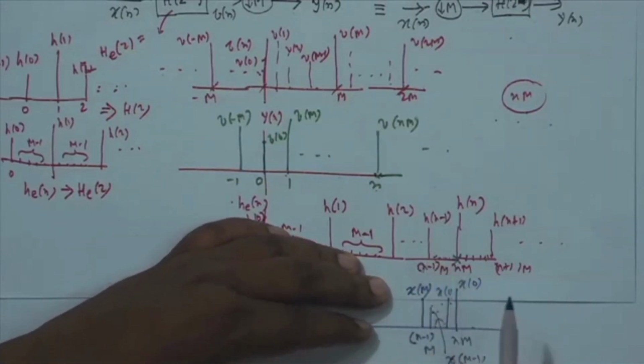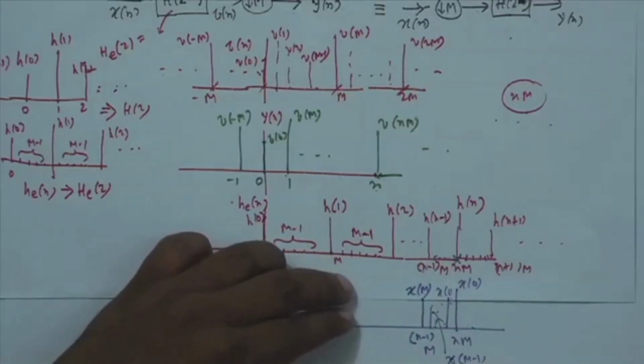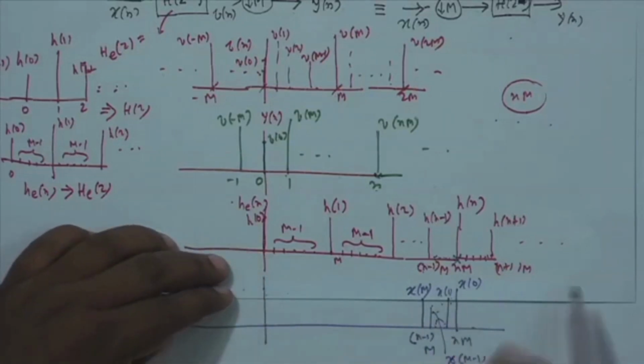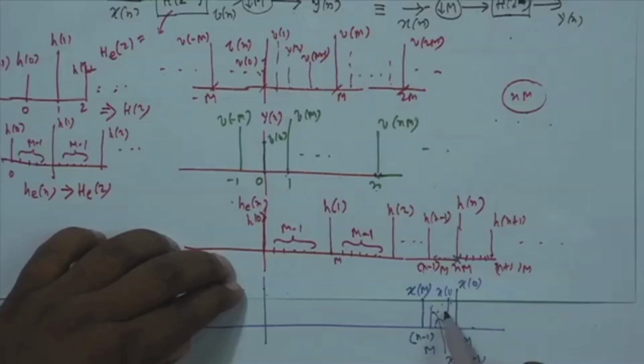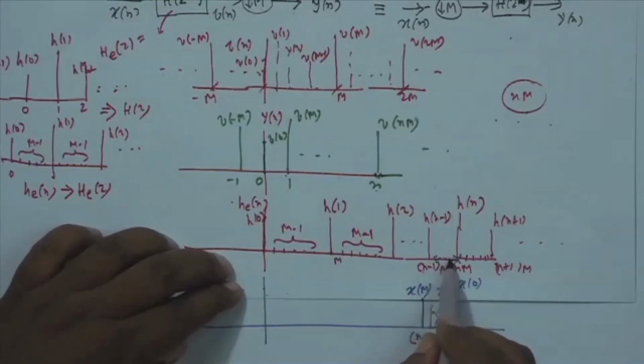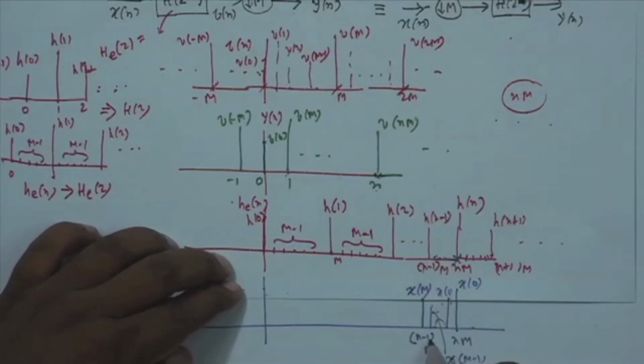Then at n minus 1 into m, who comes? At n m x 0 has come, it is flipped. So, x 1 was earlier to the right, it has come to the left, then x 2, then x 3. How many points? First m minus 1 points correspond to m minus 1 zeros, then one more point. So, that point is n minus 1 into m, that is n m minus m. So, there x m comes, then again some samples, I do not care.